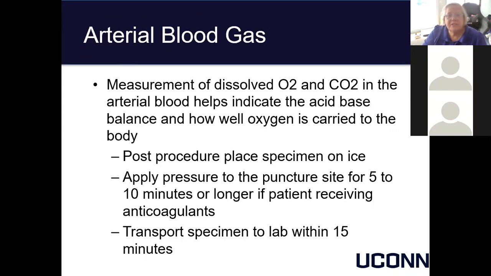We've talked about arterial blood gases, again, most typically out of the radial artery. If you're going to stick a big needle into the radial artery, which in most cases, if done by a skillful clinician, is a safe procedure, you still run the risk of a hematoma, you run the risk of arterial damage.